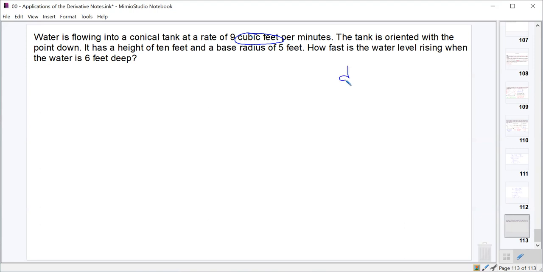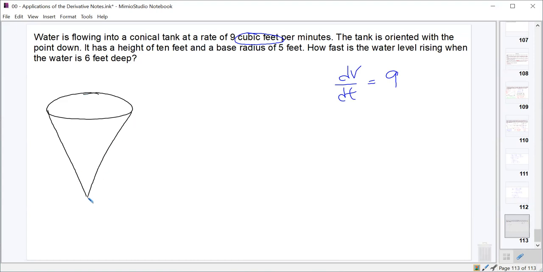So I'm going to note that dV/dt is equal to 9. And because the water is flowing into the tank, the volume is increasing, so the change in the volume is going to be positive. If we had water leaking out of the tank, our dV/dt would be negative 9.